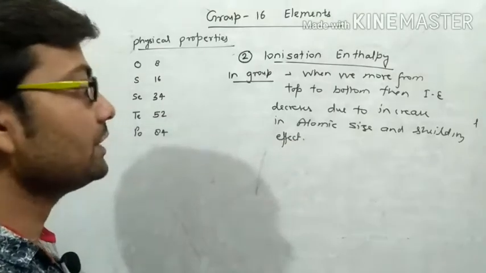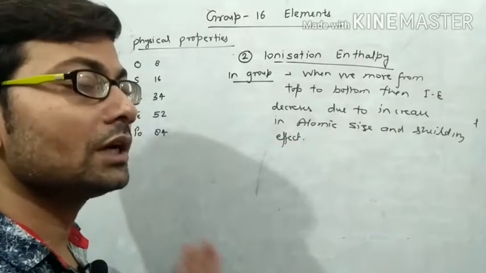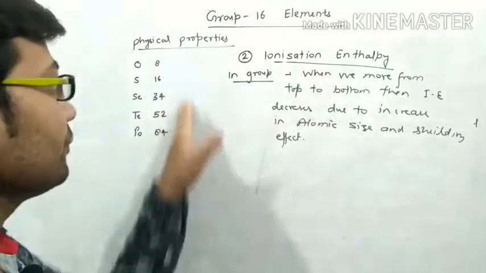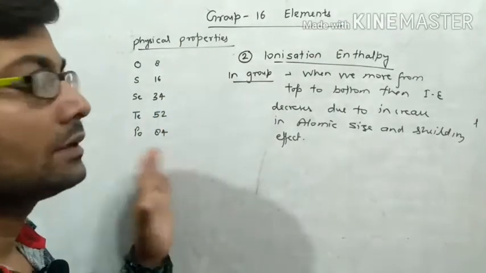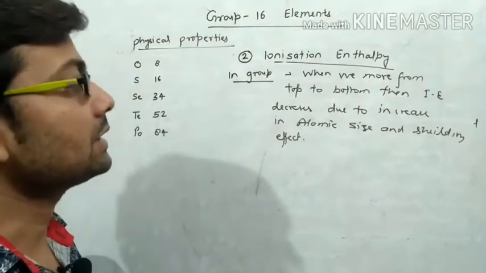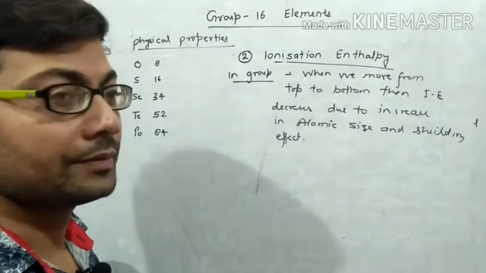The shielding effect was discussed in the previous video on group 15 elements. So when we move from top to bottom, ionization enthalpy decreases due to increase in atomic size as well as increase in shielding effect.